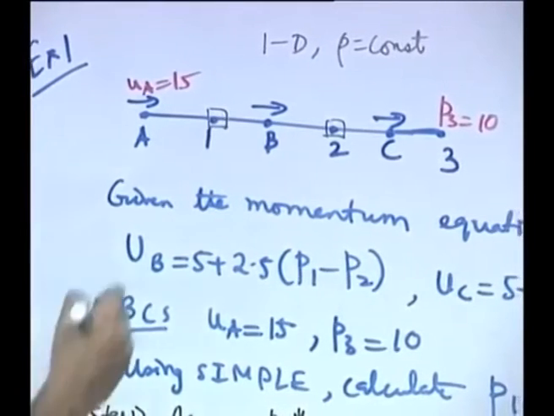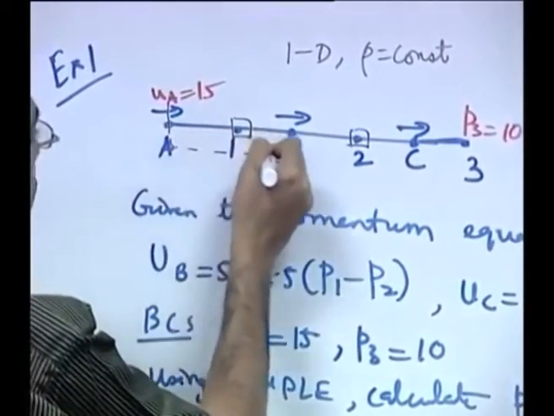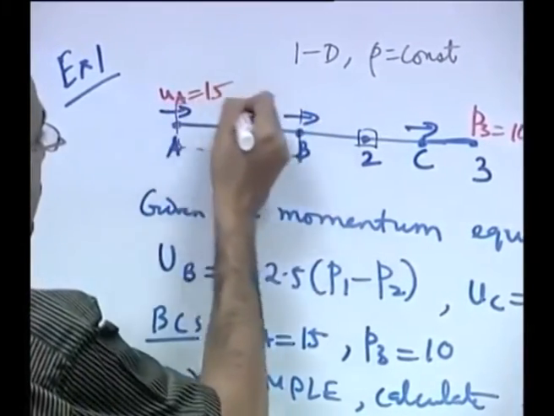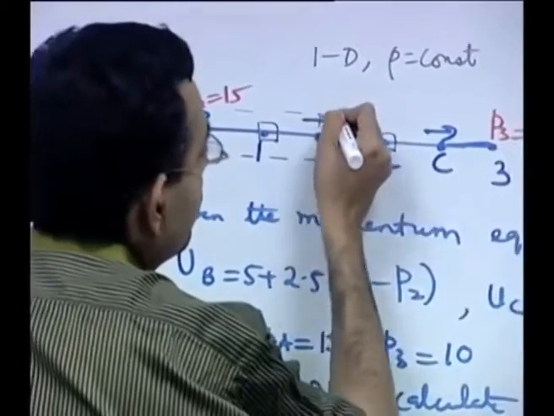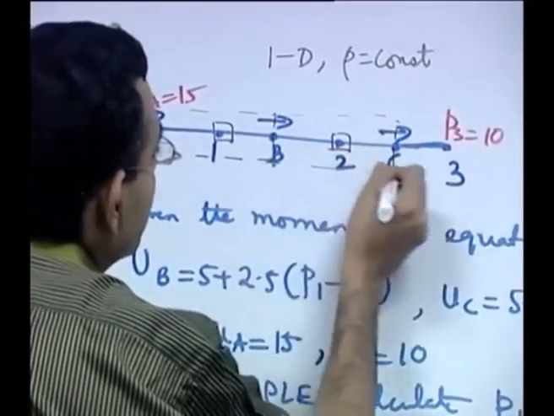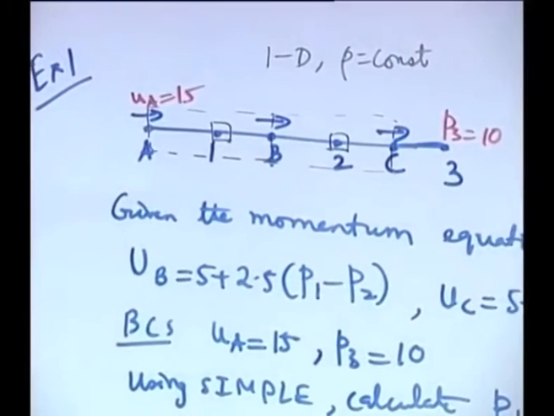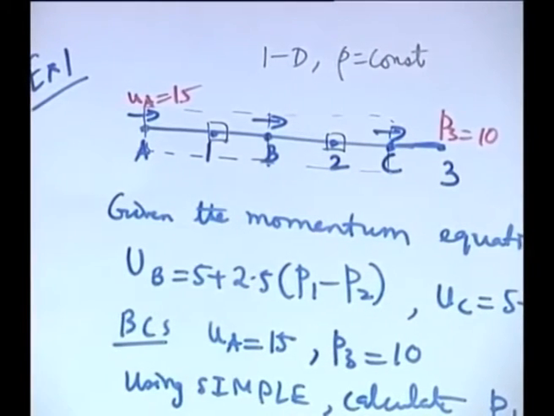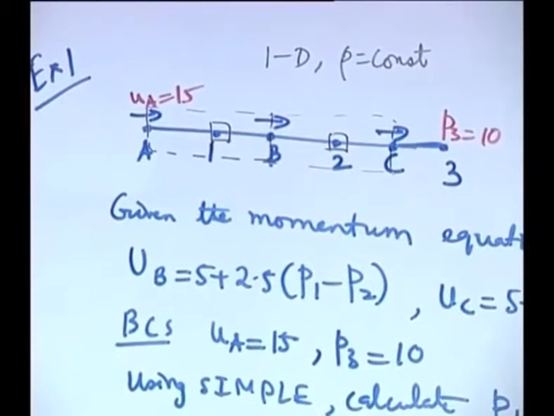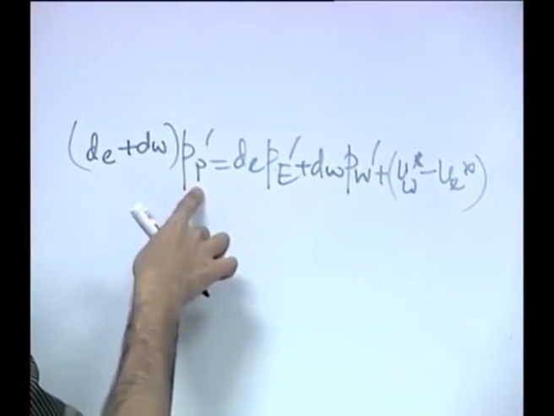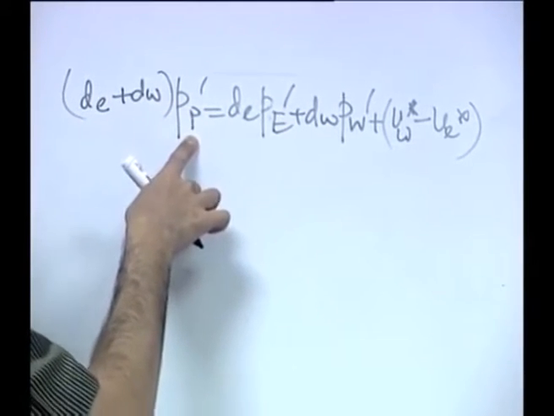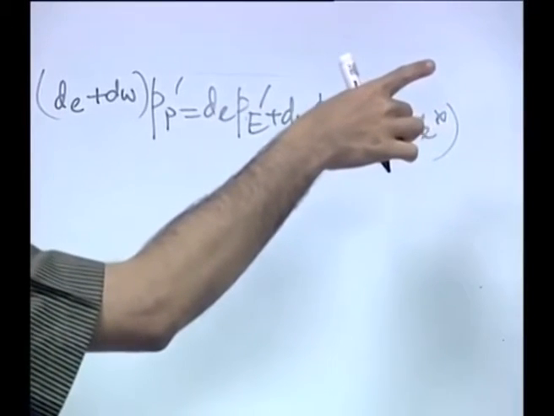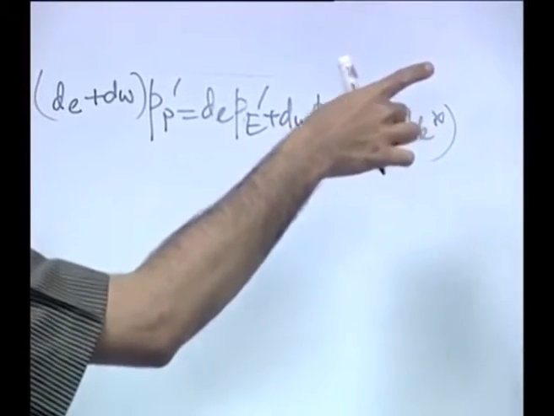So, you have one control volume for pressure correction as this, another control volume for pressure correction as this. If 1 is the point P, then what are E and small w? Capital A is small w and capital B is small e.